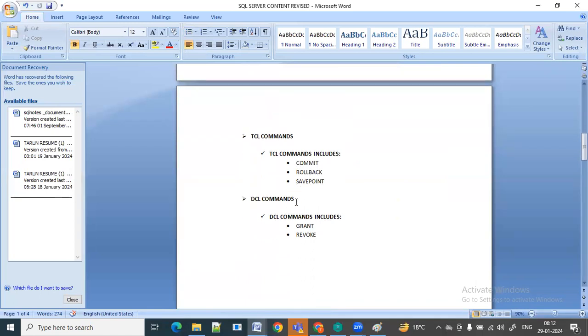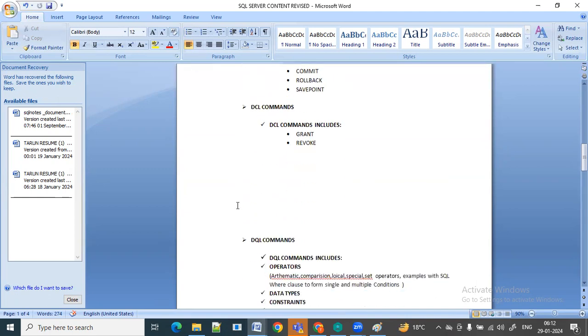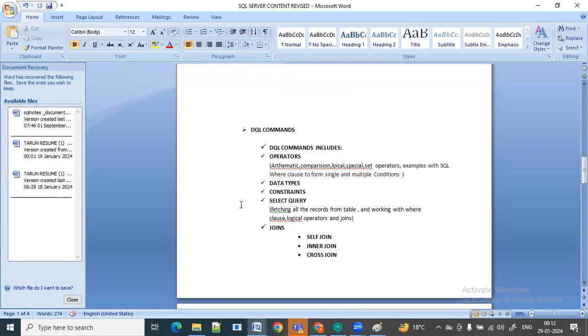After that, the data inside your database will be controlled by DCL commands. How it is going to control, we will see in the sessions. No worries in that. Then the DQL commands, which are very, very important. The moment I say SQL, DDL, DML, DCL, and TCL, these four stand on one side and DQL stands on another side. DQL is the major part.